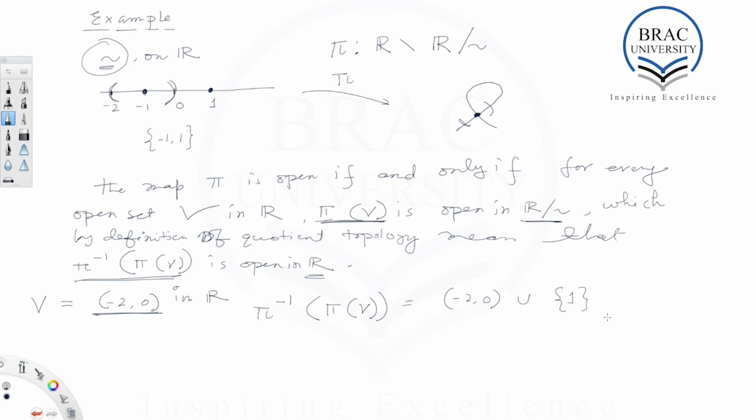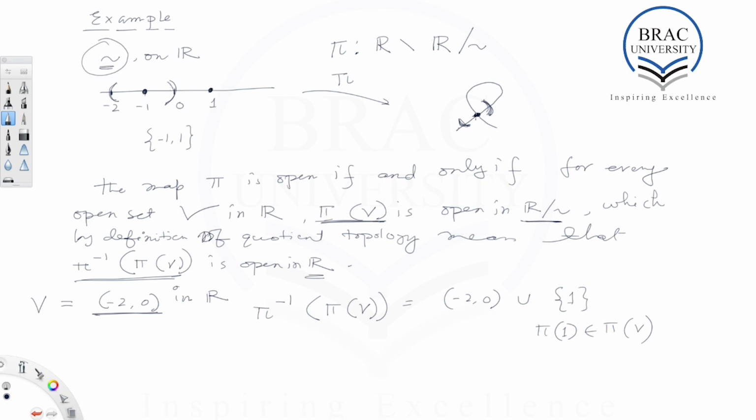Because we see that pi of 1 belongs to pi of V. 1 is projected to the same point as -1.